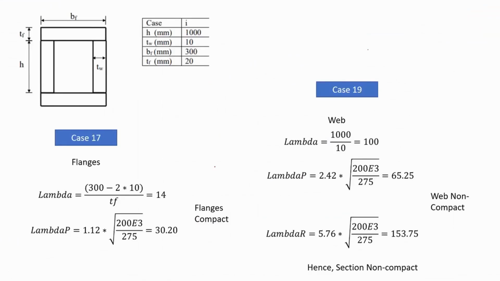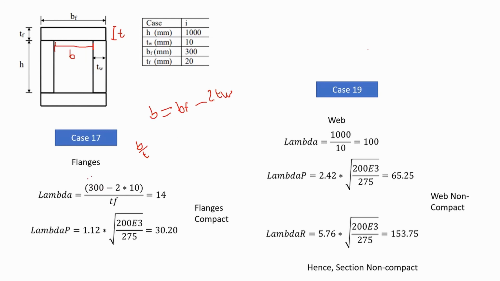So if we check for the lambda we have, b over t, as we said before, t is this one, and b, from the example we saw before, would be this. Now, in order to calculate b from what we have, b is basically equal to bf minus 2 multiplied by tw.